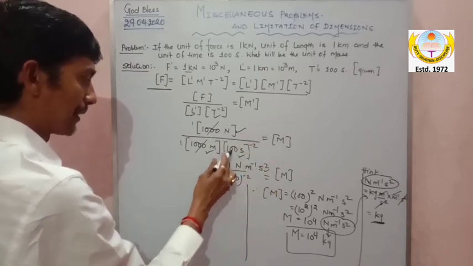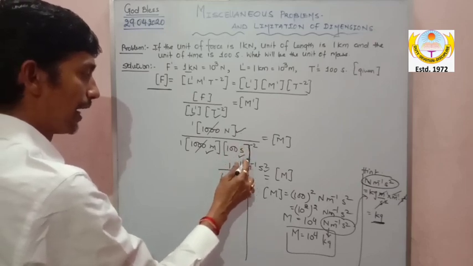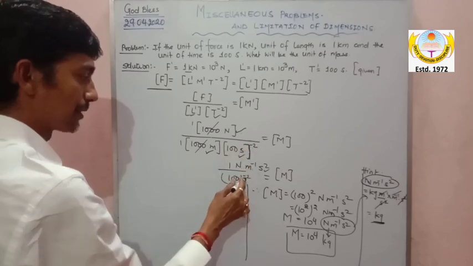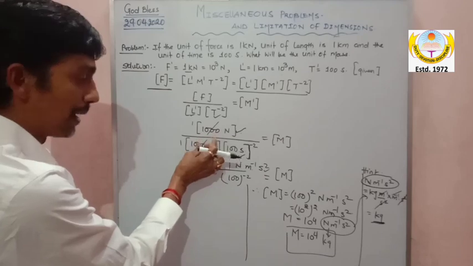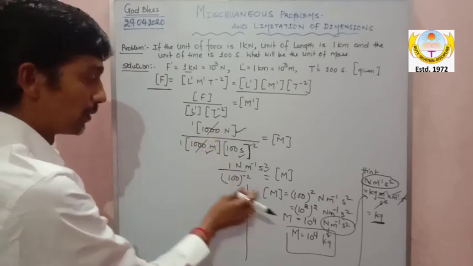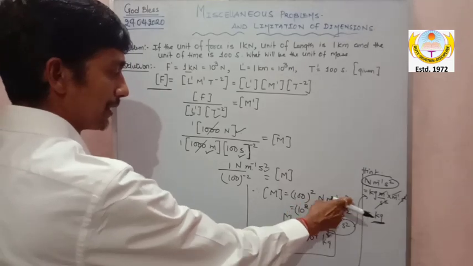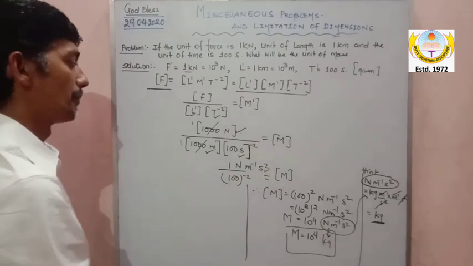And here I kept only the number 100, whole power 100, I have written as it is, and here it is power minus 2, I have written minus 2. So when I converted, this 100 power minus 2 will go up, become 100 power 2, and the unit is Newton meter power minus 1 second square. This 100 power 2 can be written as, so the answer will be 10 power.